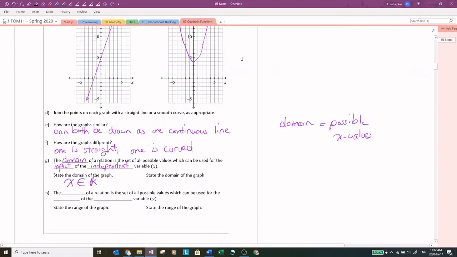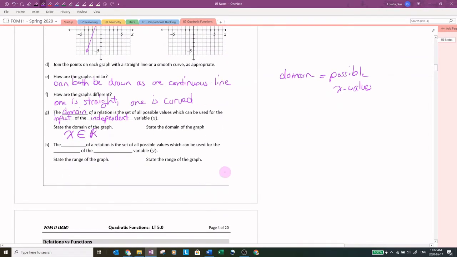So the domain of this parabola is also all the real numbers. So x, element of, R. So that's all the real numbers. Oh, what is with my B's and P's today? Numbers.